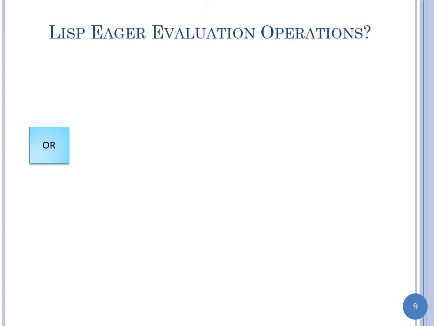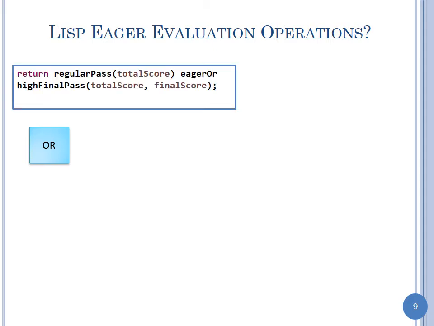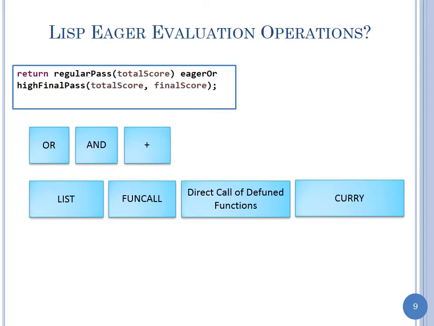Okay, so any operation with multiple operands. And plus, list, funcall, direct call of defunct functions, curry, they all can do eager evaluation.